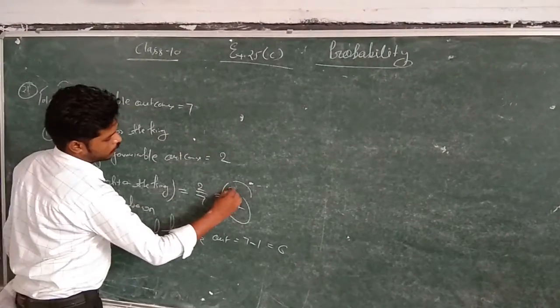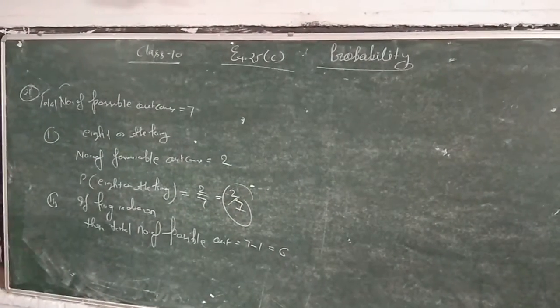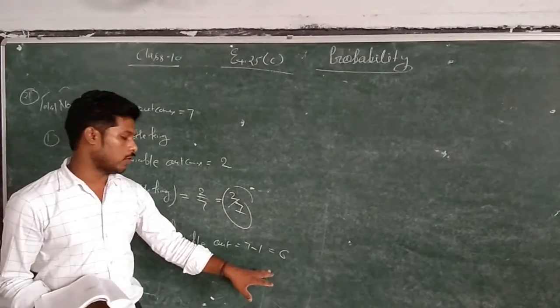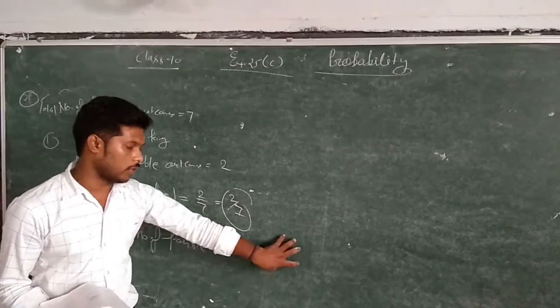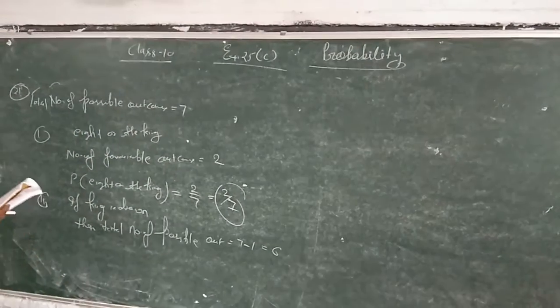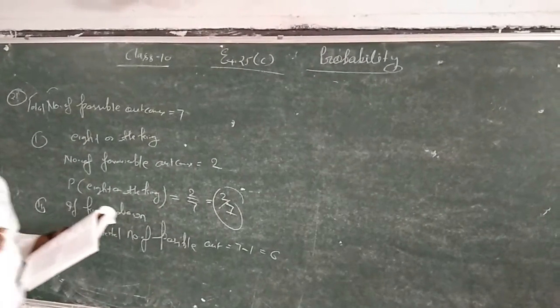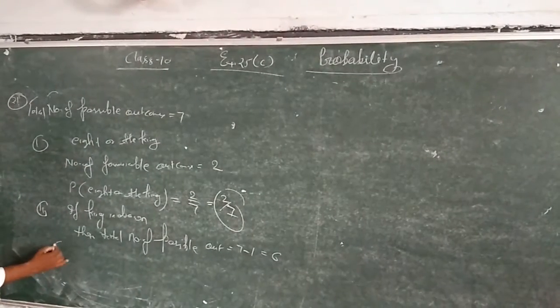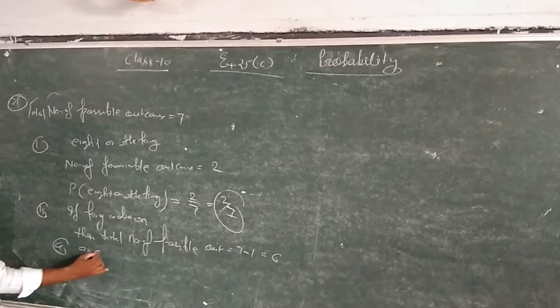Okay, 2 upon 7. Now number 2, if king is drawn, so it means you have to reduce one card from the total possible outcomes. So 7 minus 1 is 6. It means total number of possible outcomes now is 6. So what is asking? What is the probability that the second card picked up is an eight?